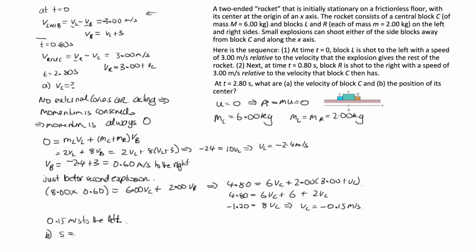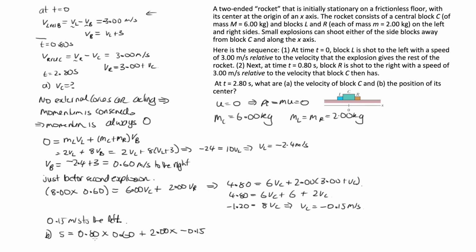So the displacement in the first 0.8 seconds is 0.80 times the 0.60. And then after the first 0.8 seconds, until the end of the 2.80 seconds, which is a 2-second interval, it's traveling at 0.15, so minus 0.15.